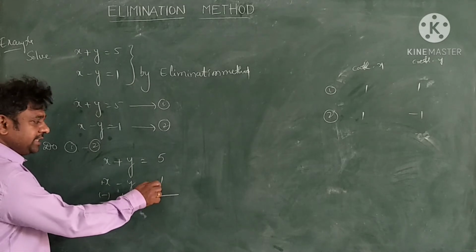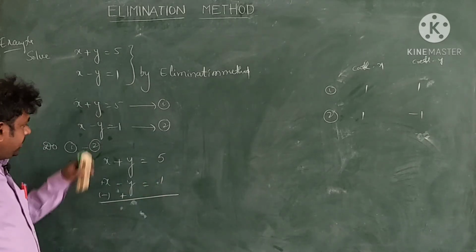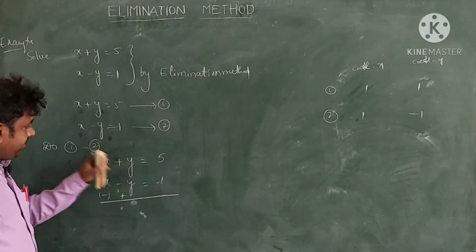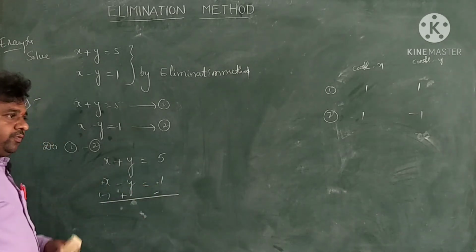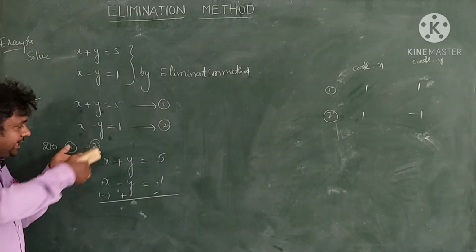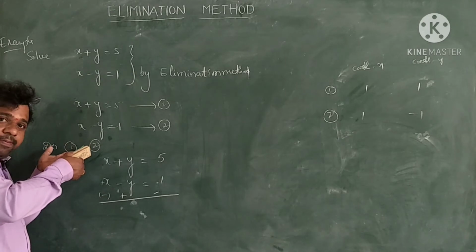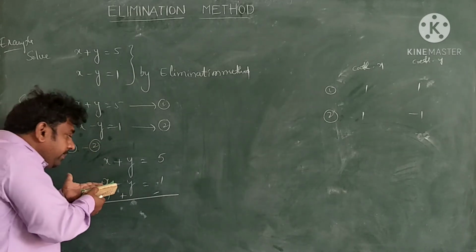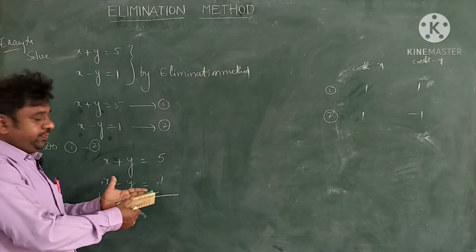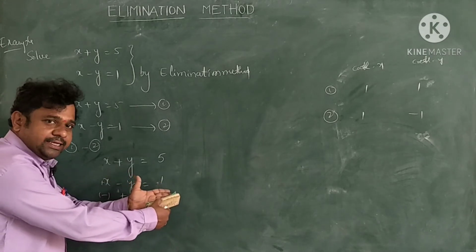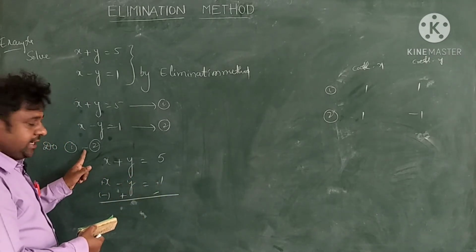The sign of 1 is plus, and minus into plus is minus. We multiply equation 2 by minus, so we must multiply both LHS and RHS by the minus sign.